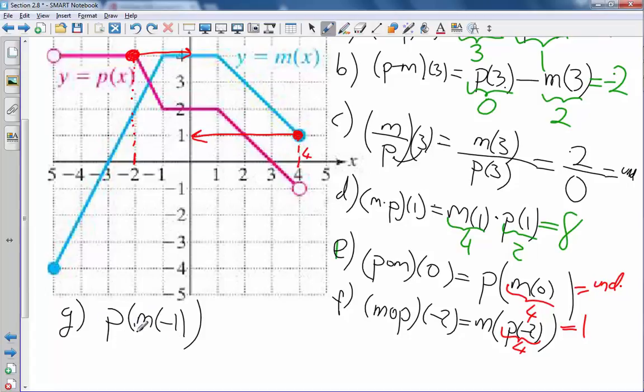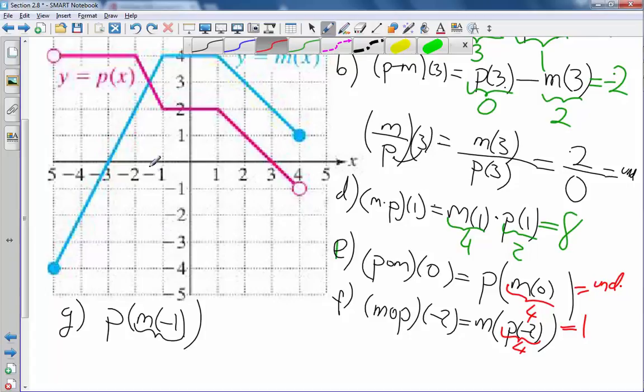So let's see where -1 goes with M. Find -1 first. -1 right here. Which bus are we sending him to? M.